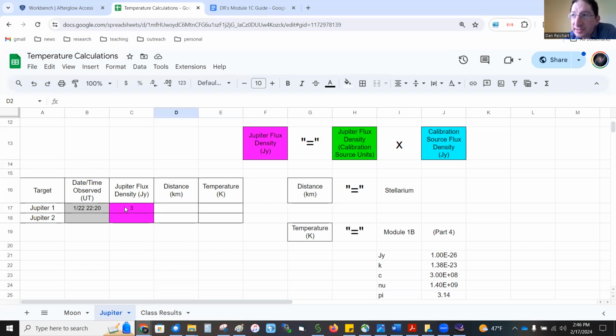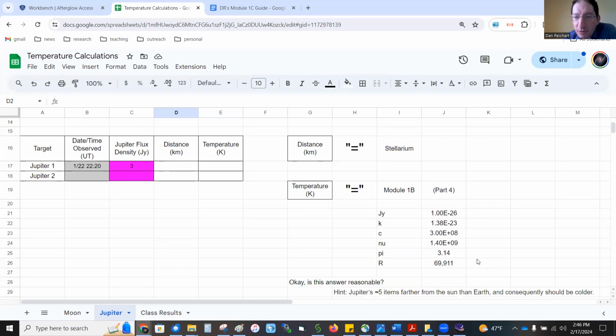It's only a few Janskys. It's pretty faint. And using this information, we're going to calculate the temperature. Everything we need is here. We have the flux. We have all the constants that we were talking about. The only thing we need is the distance to Jupiter at the time of the observation in kilometers. So for that, we go to Stellarium.